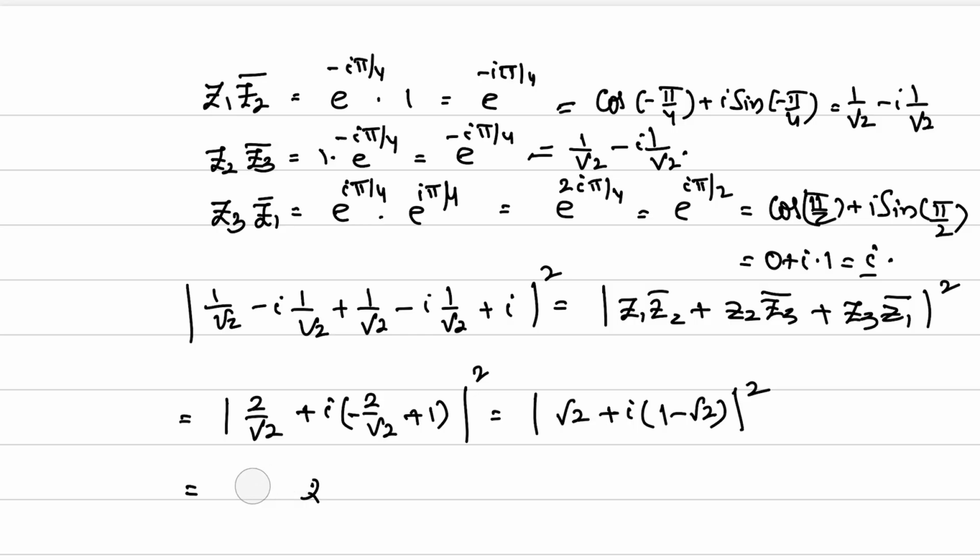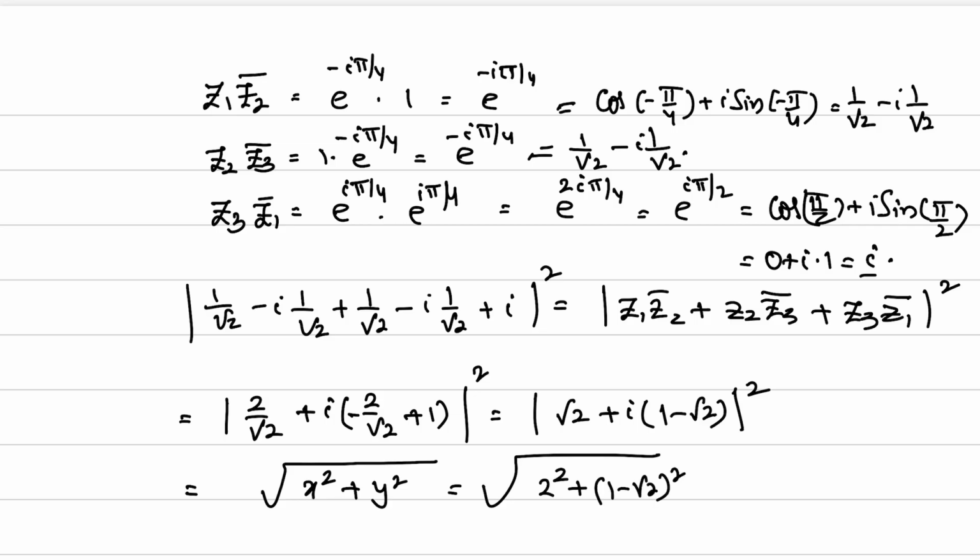Let us do it. The modulus of x plus iy is nothing but the square root of x square plus y square. That is the square root of root 2 square plus 1 minus root 2 whole square.